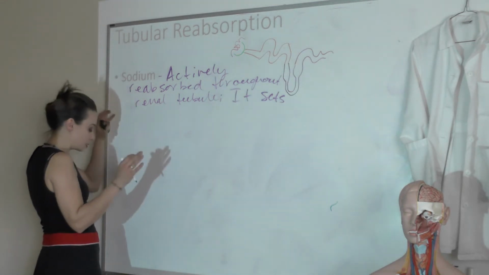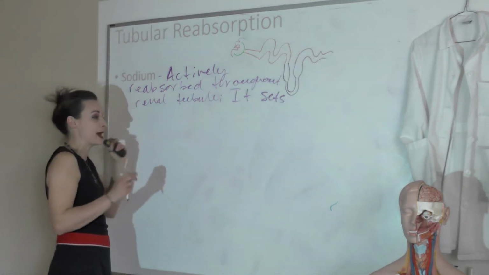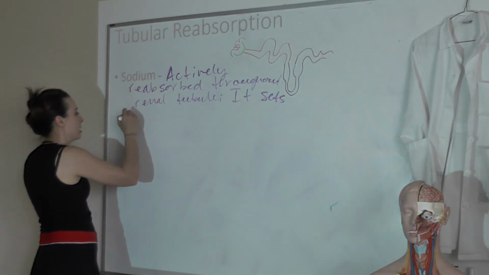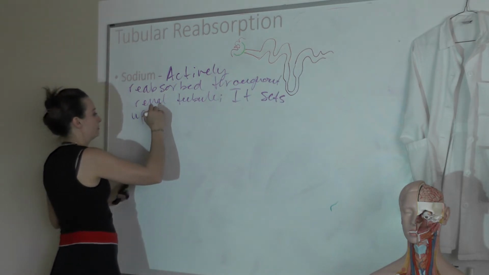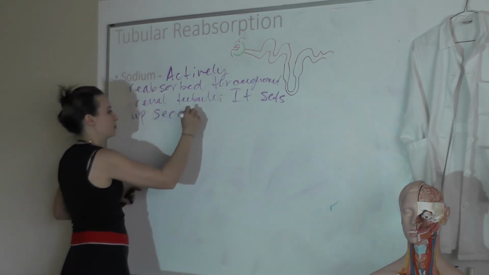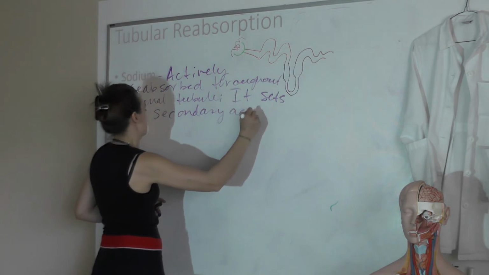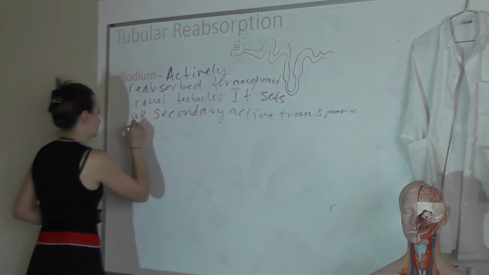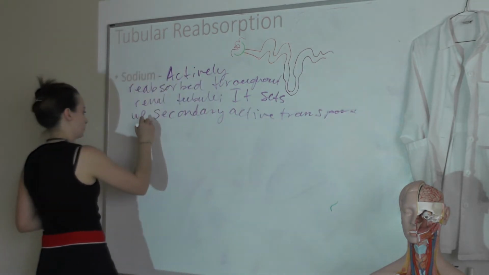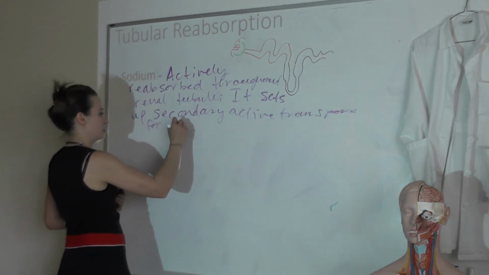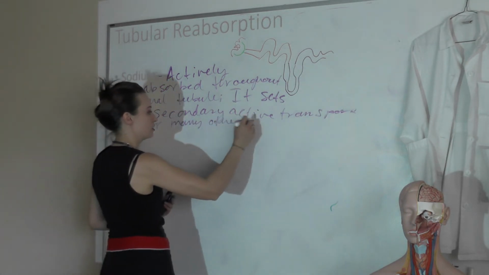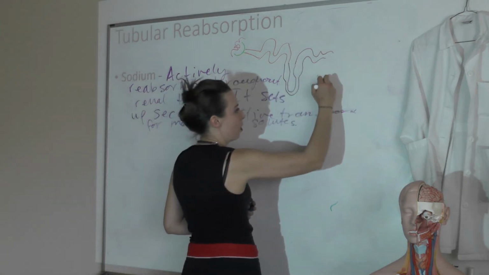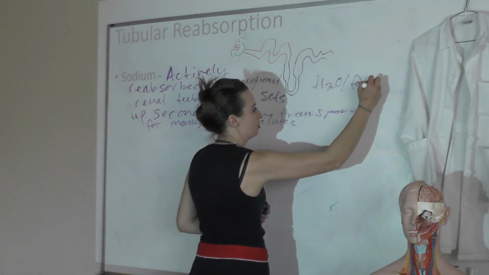So water's going to follow sodium, so it's got the biggest impact on osmolarity. So we'll say it sets up secondary active transport for many other solutes. What else do we want to say about it? That water is going to follow sodium.